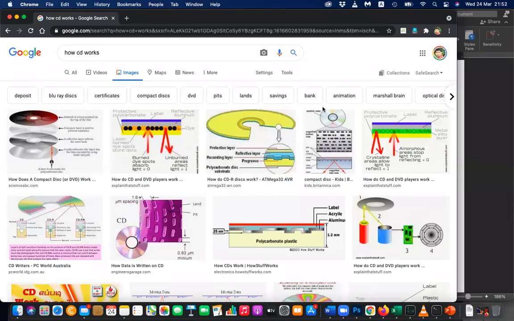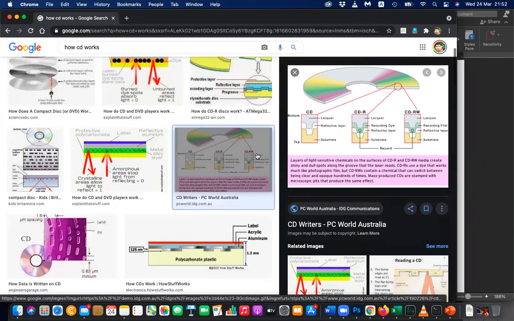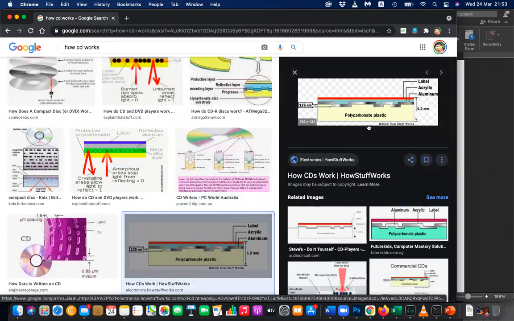Right, okay. So now you can see how a CD works in these images. In a CD, there are multiple layers, right? Rather than analyzing everything together, let's think about one thing at a time. In a CD, you have the label, then the aluminum layer in the middle, then the polycarbonate layer, which is transparent, and also an acrylic layer.